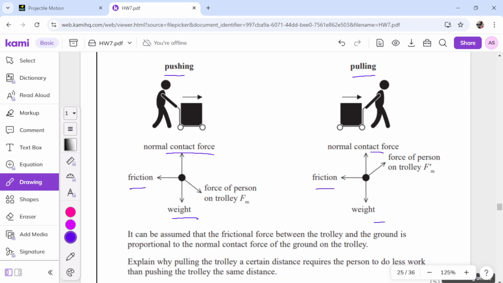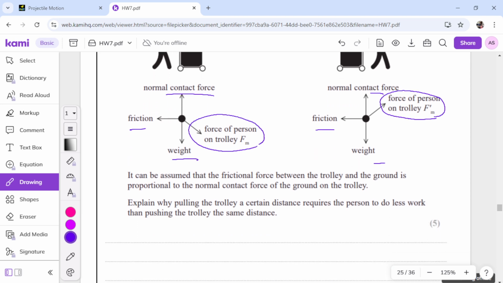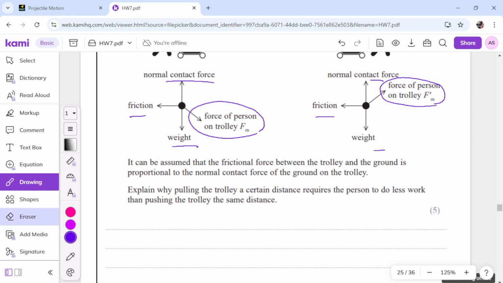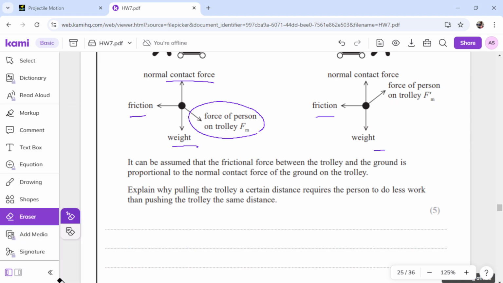But what is the difference? We have a force of a person here, Fm, with this angle up, and this is down. So now, of course, my explanation will be on the drawing.